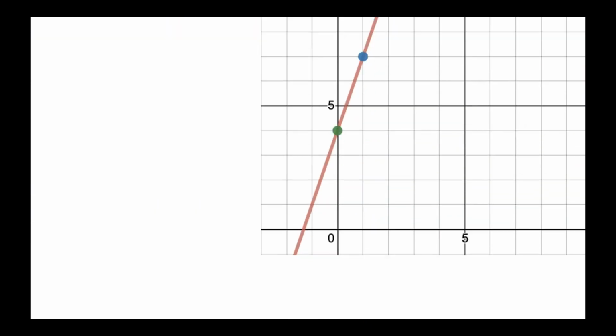So if I'm given this graph here, which has a straight line, so it's a linear relation, I want to use interpolation to find the value of y when x is 0.5. Right now we know the value of y when x is equal to 0.